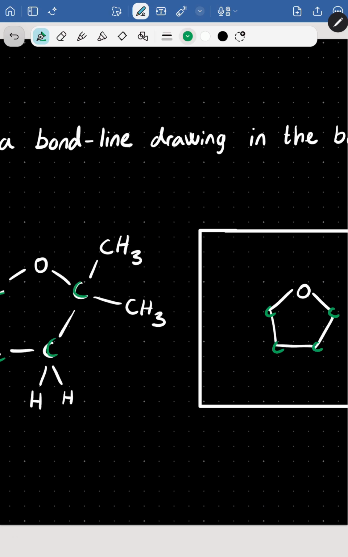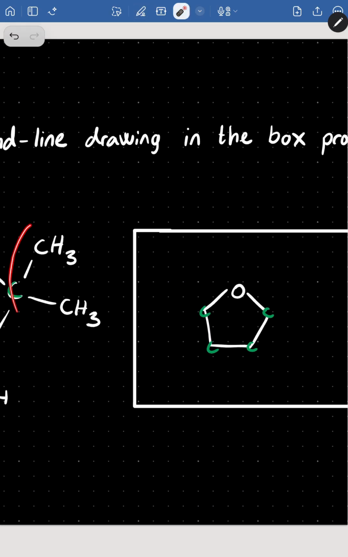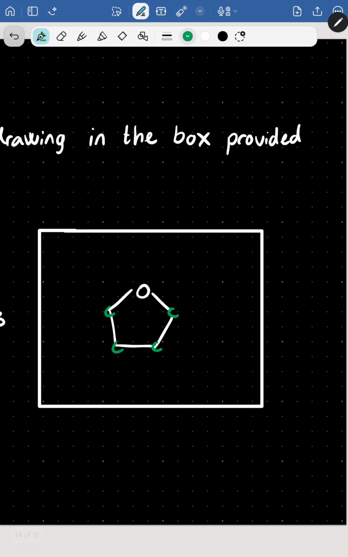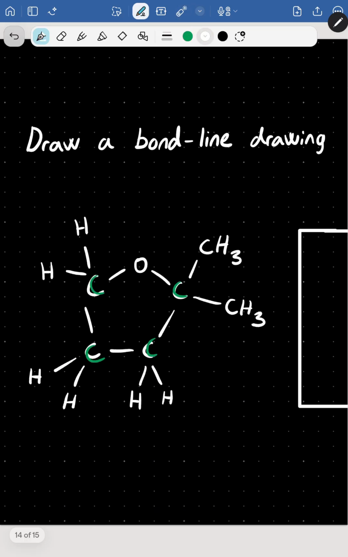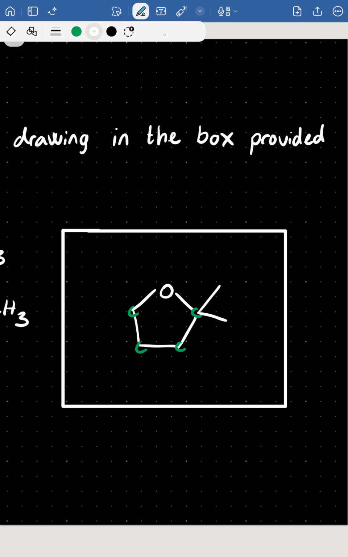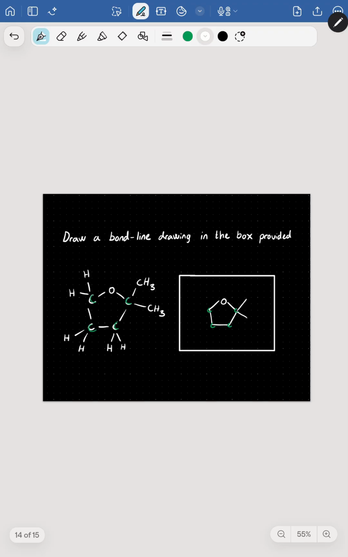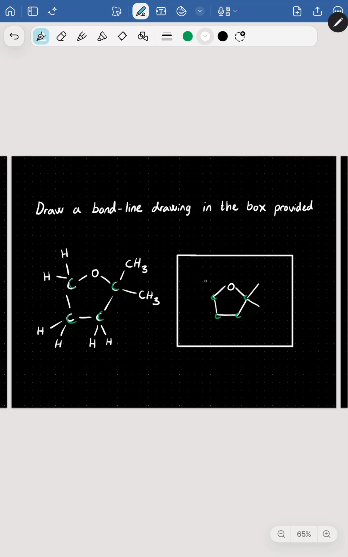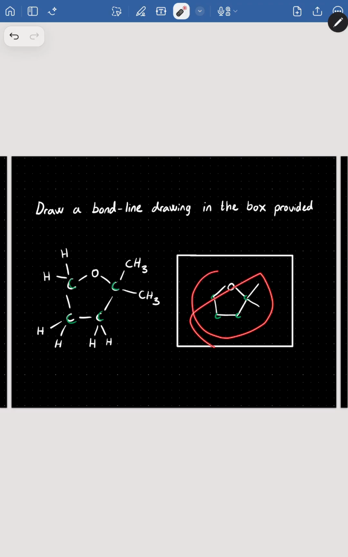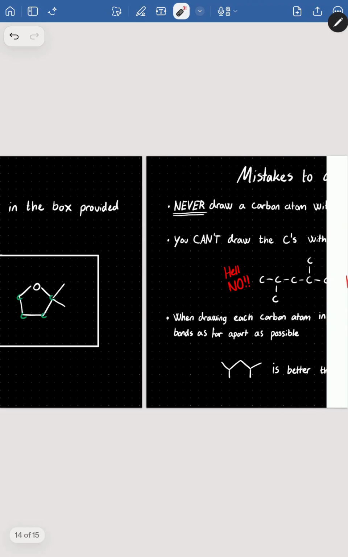And there's a dimethyl group right here, methyls. It's gonna be like the previous one we just did, just this one. And yeah, that's basically it. That's the bond line drawing right there. So pretty simple.